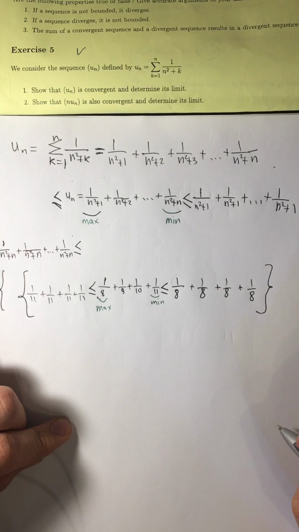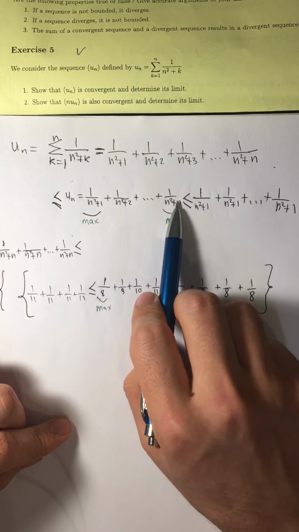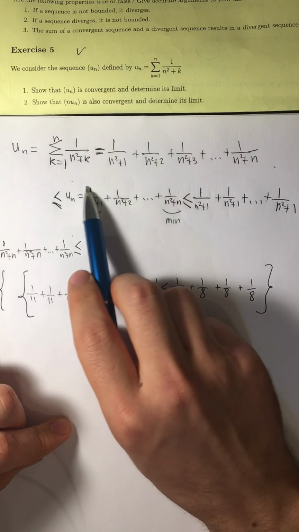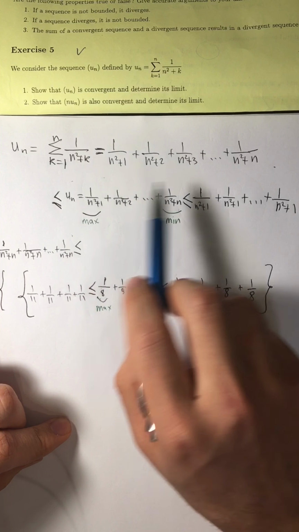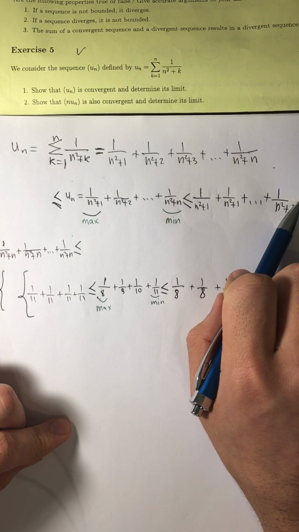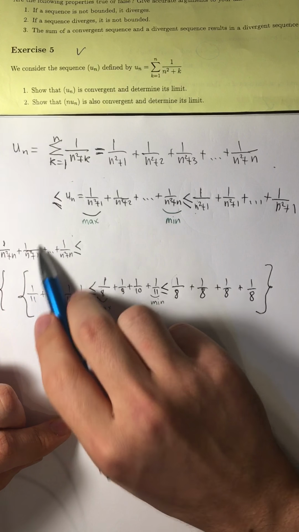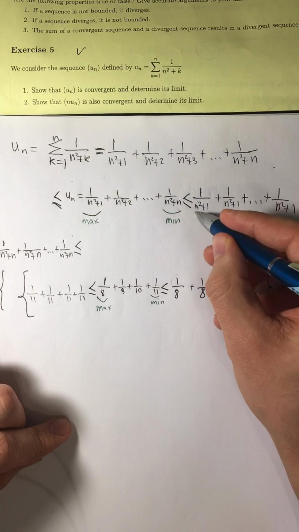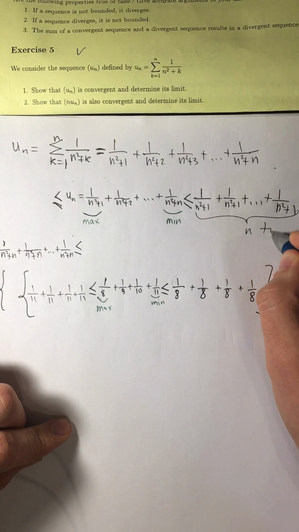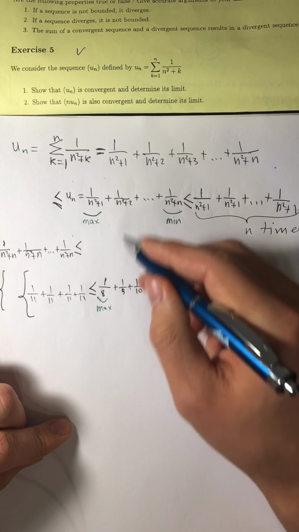Did you get it? It's the same thing we did here. We have n fractions, and the maximum one is the biggest one, written n times. And here, the minimum one n times. That's the same thing we did here.